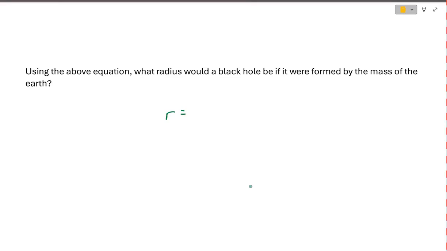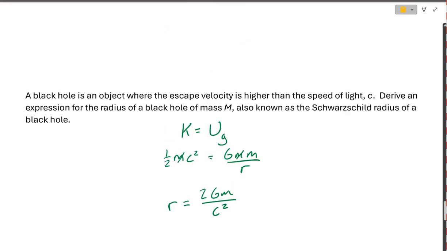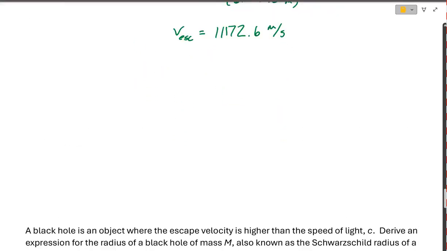So r equals 2GM over c squared. So 2 times 6.67 times 10 to the negative 11th newton meter squared per kilogram squared. Mass of the Earth. Well, you just did that in the previous one. What was that? 5.97.